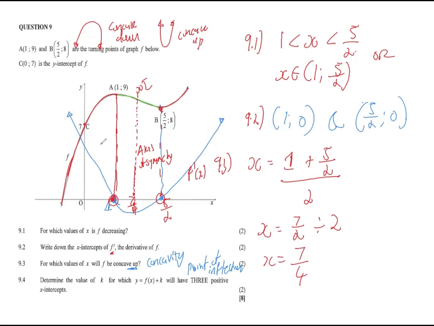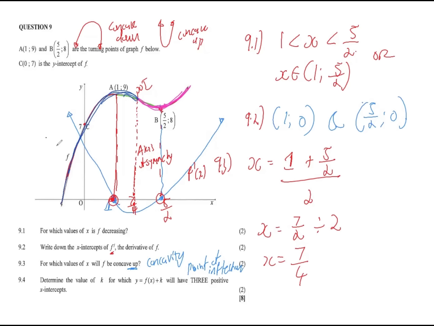We can see that it starts being concave up just right after the point of inflection. Remember, at the point of inflection, the cubic graph changes concavity. From here all the way to the point of inflection, the graph is imitating the shape which is concave down, but just after the point of inflection, it is imitating the shape which is concave up.